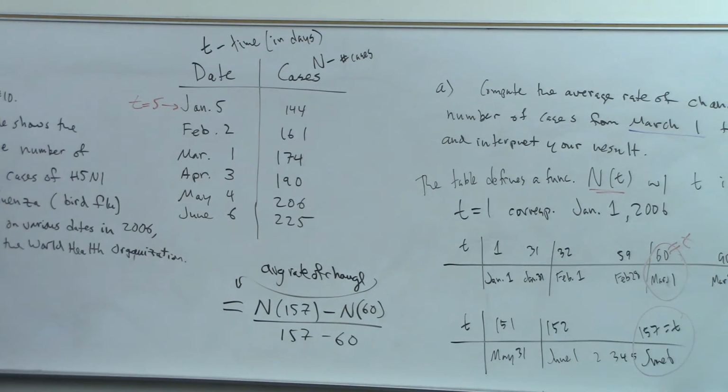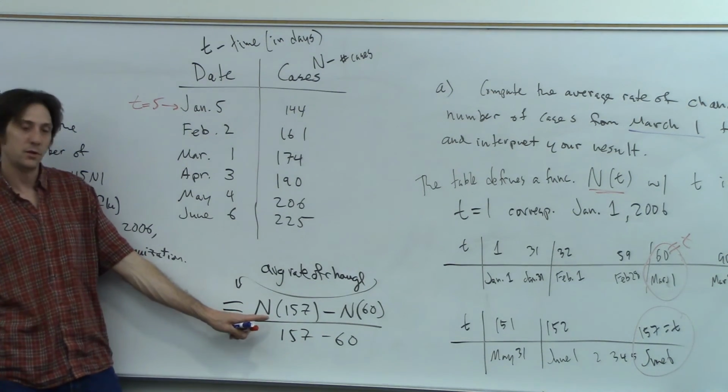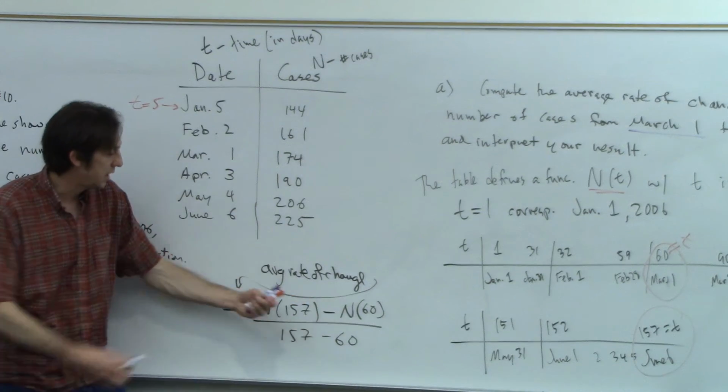To actually get a number from this difference quotient, I should look at my table and identify the number of cases on these two dates.